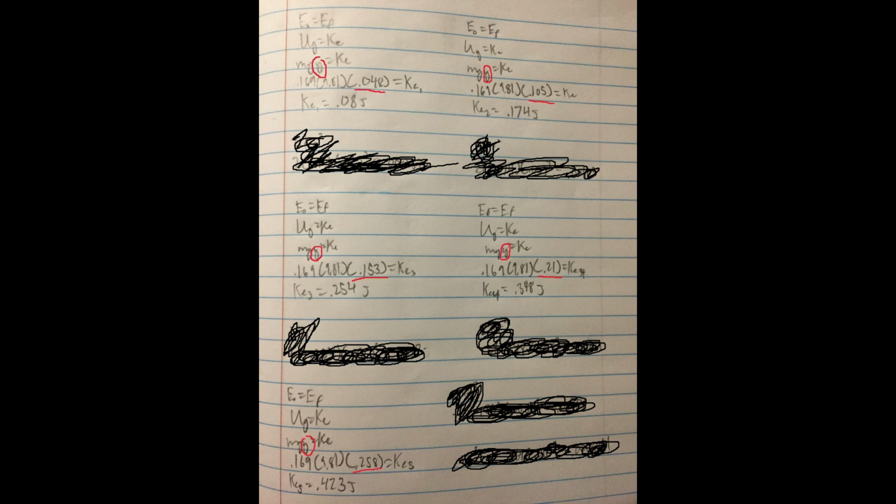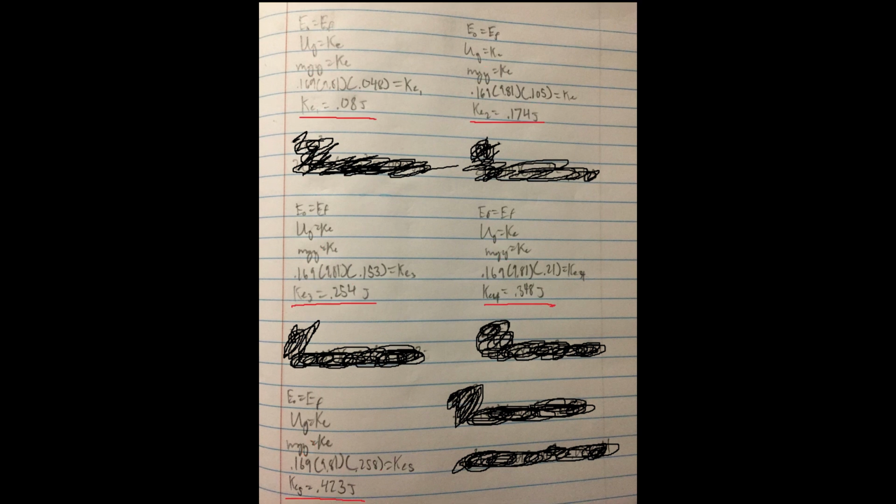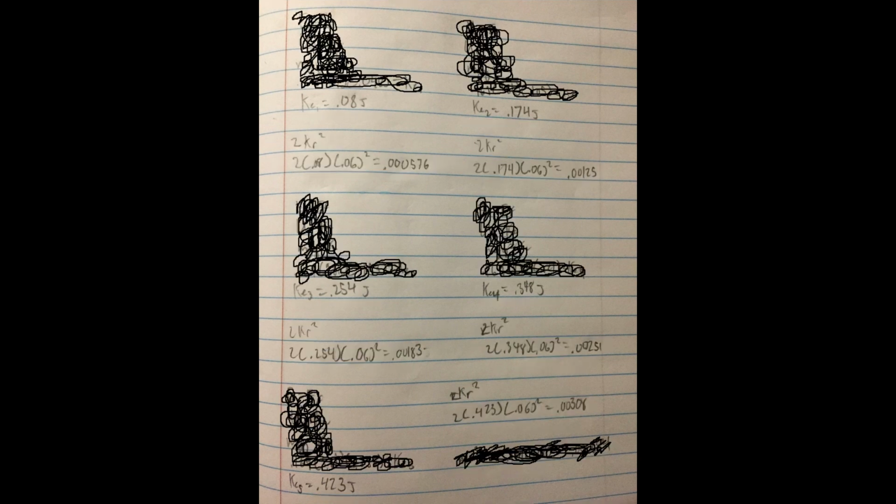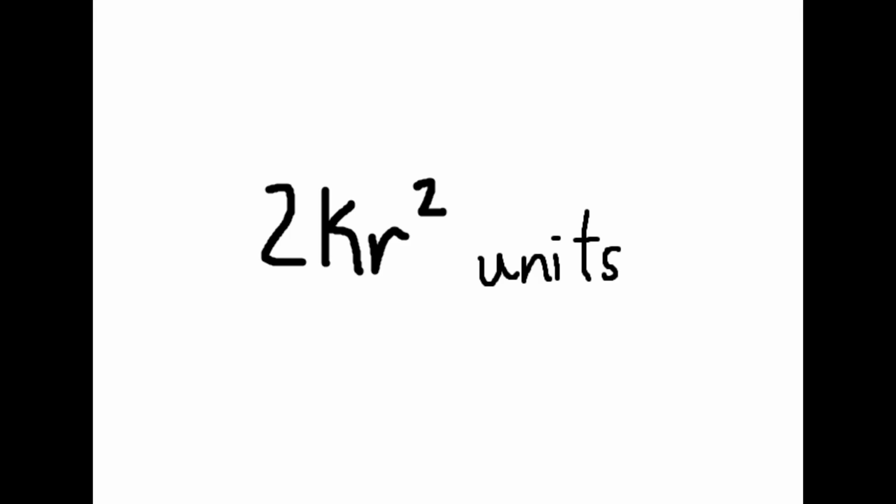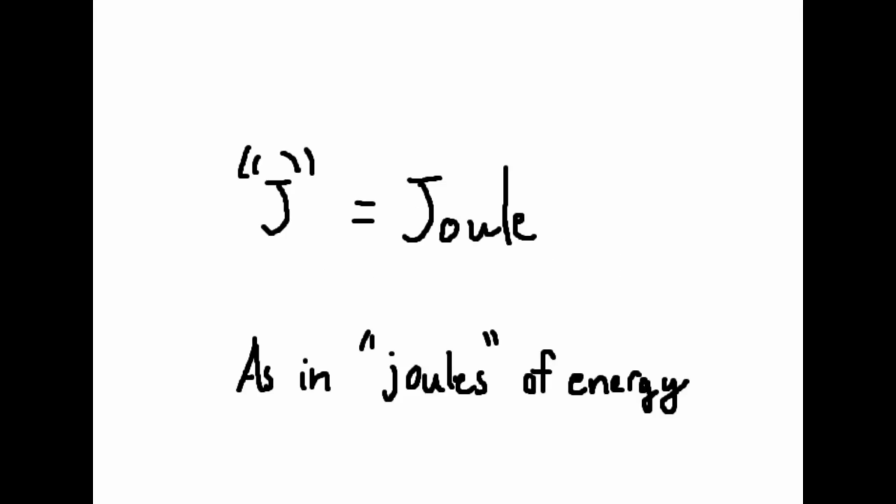The only thing that changes in all of these calculations is the y, because those are different heights. In the final step we calculate the kinetic energy for all of them. From there, we take the KE that we got and plug it into 2KE over r squared for the y-axis, and we do this for all 5 heights. Just so you know, the units for 2KE over r squared is J, for joules.